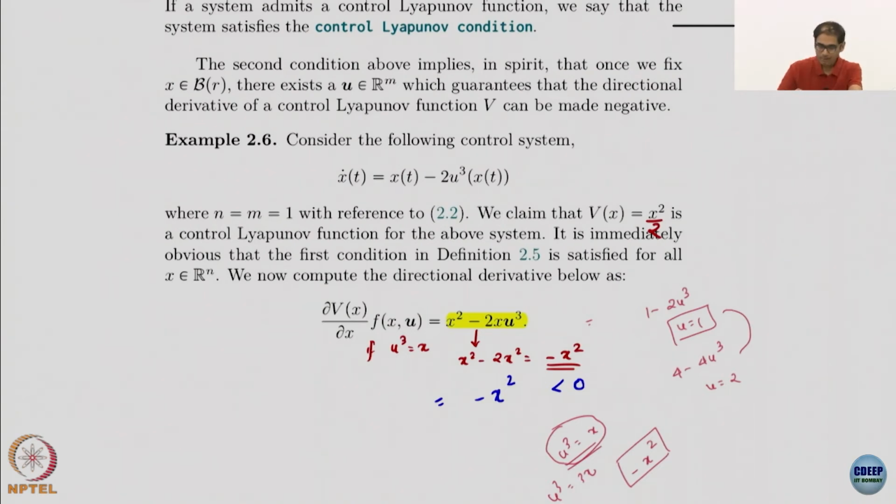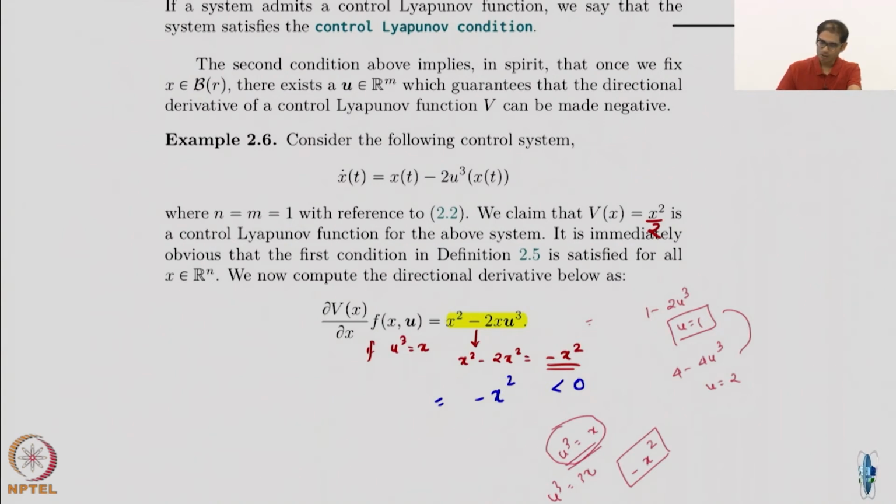Okay, now for me it's easy. I have given some examples. Suppose I fix x at 1, then this is 1 minus 2u cubed. I can take control to be 1, works because this becomes negative. Similarly, if I take x to be 2, I get 4 minus 4u cubed. I can take control to be 2, it becomes negative, right?